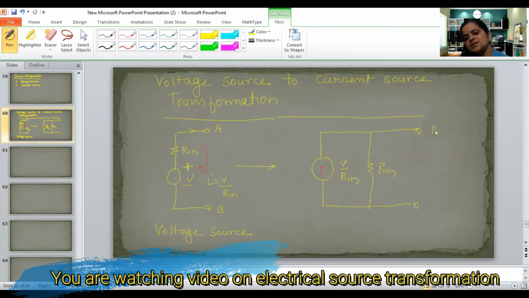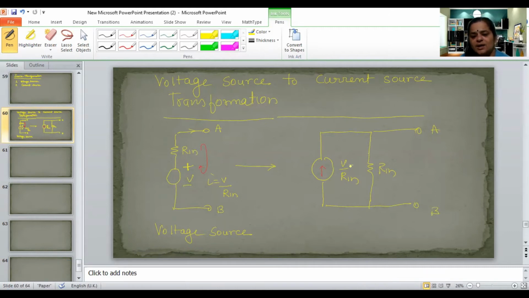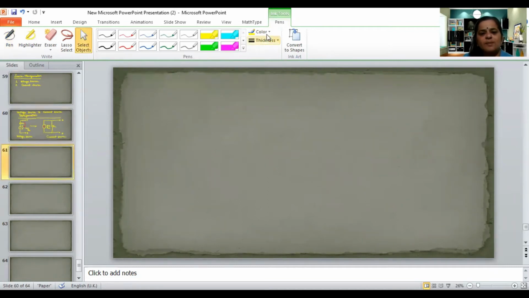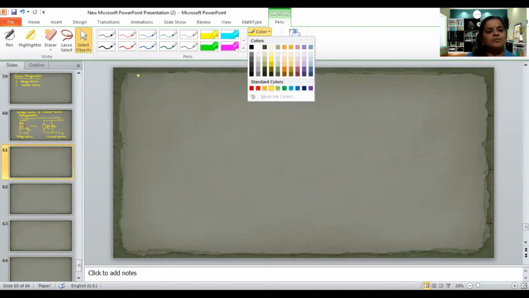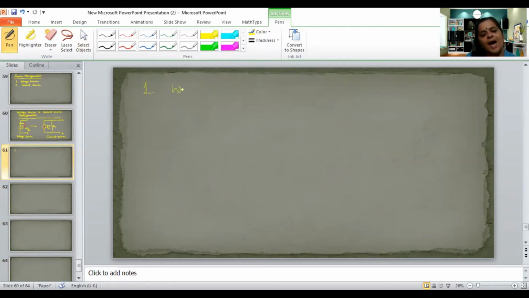So this is terminal A and this is terminal B, and this V by Rin will be the current I. So this is the equivalent current source. I think the step is clear. Let me write the steps. What we did, number one, we calculated the current due to the voltage source.